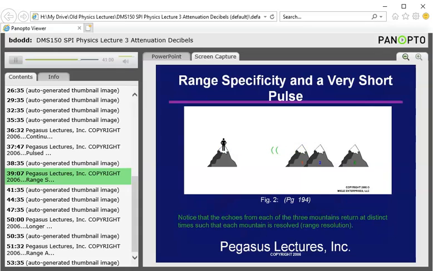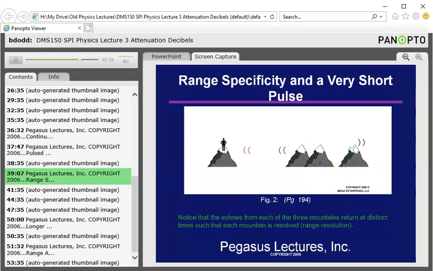Anna's still got her calculator out. So if we have an interface that's, I'll pick a number between 1 and 20, Stephen. 17. Okay, 17 centimeters in the body. And our transducer is here on the surface of the skin, and we send out a little pulse. Beep, beep. And we have this down here.